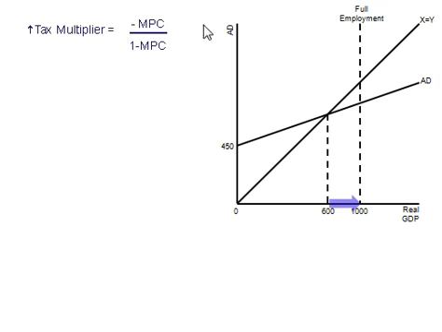Now, the tax multiplier is usually taught as something that would decrease GDP, because if you increase taxes, you're going to decrease GDP by the tax multiplier. Well, in this case, we're actually trying to increase GDP by decreasing tax.